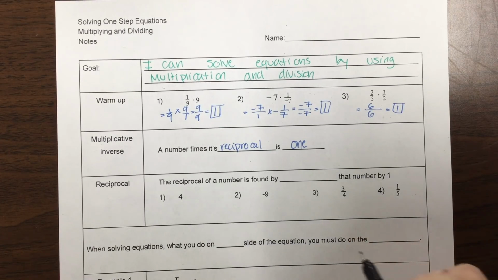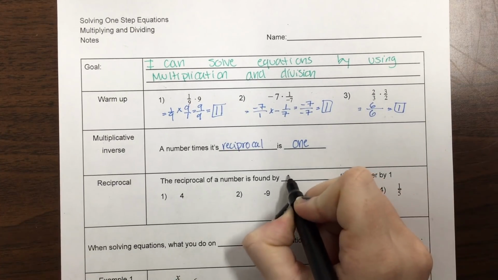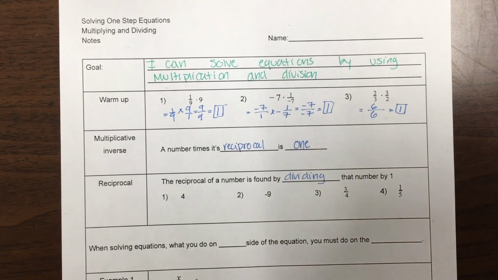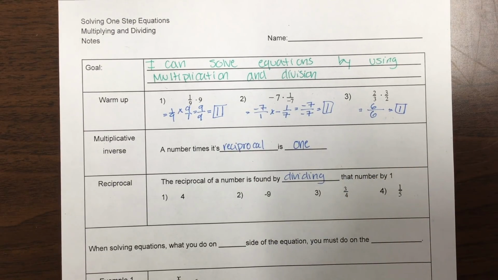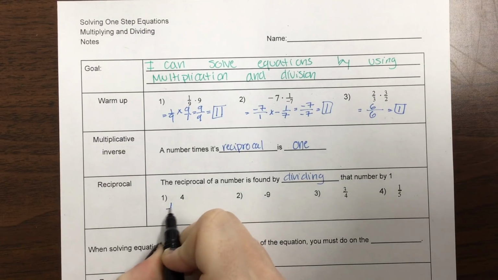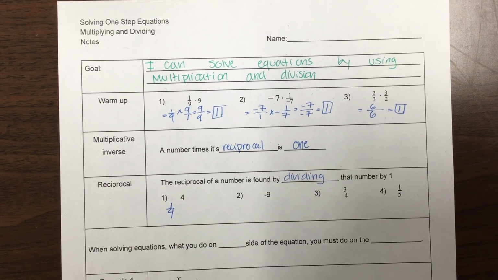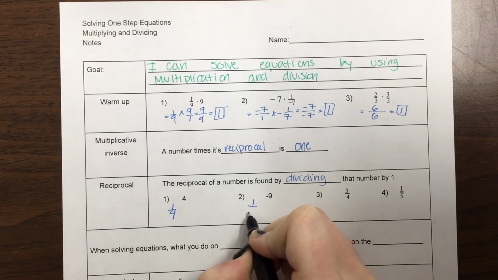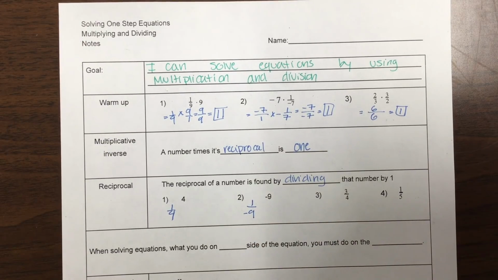The reciprocal of a number is found by dividing that number by 1. So the reciprocal of 4 would be 1 divided by 4, which is just 1/4. The reciprocal of negative 9 would be 1 divided by negative 9, which is negative 1/9.